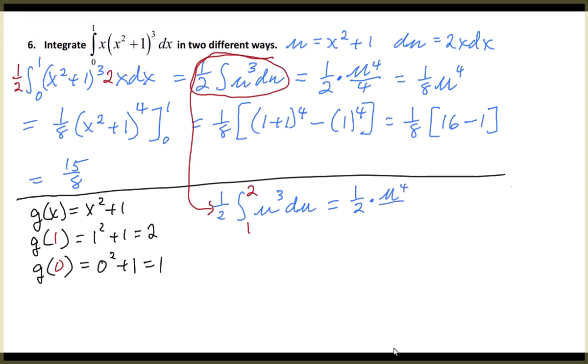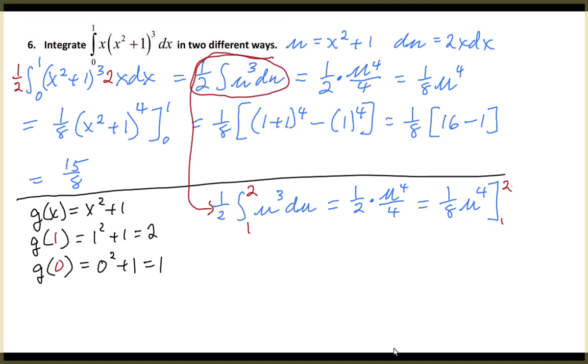So notice what I'm getting here. Is this any different from what we had before? I haven't gone back to substitute my x function in. I'm just leaving it u. Evaluate from 1 to 2.